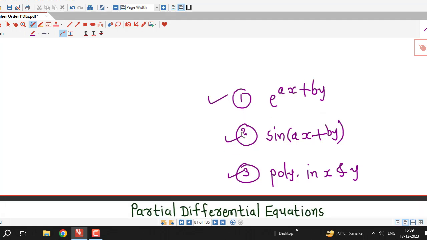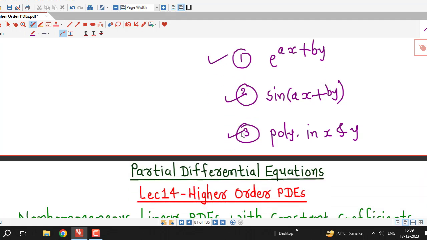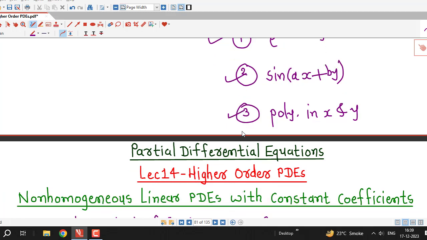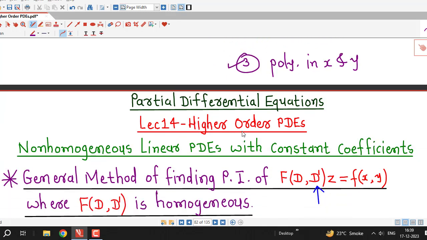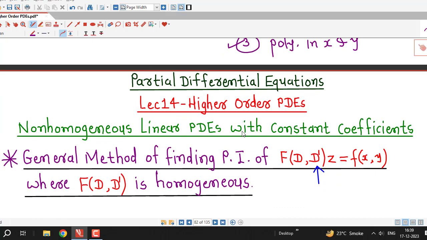So for that we have to understand another method which can help us to find out particular integral for any function on the right hand side. So today we are going to discuss the general method of finding particular integral of this type of non-homogeneous equation, which we denote by F(D, D')z = f(x,y).